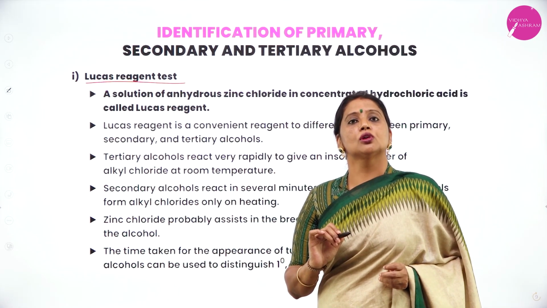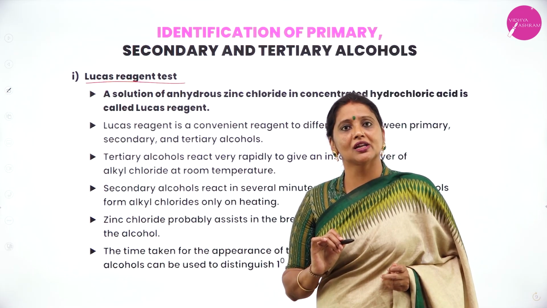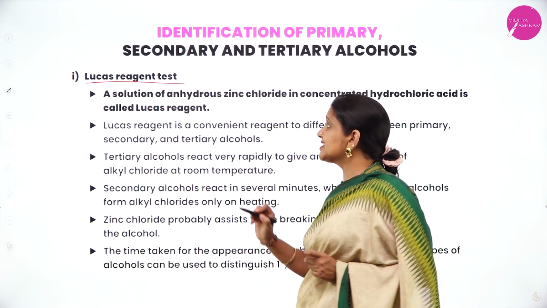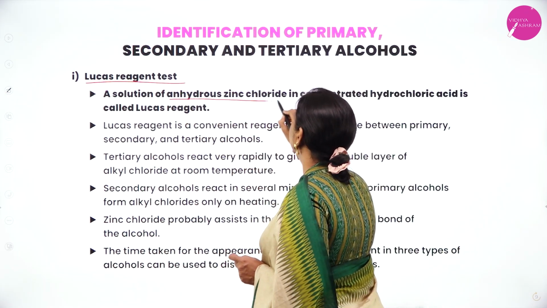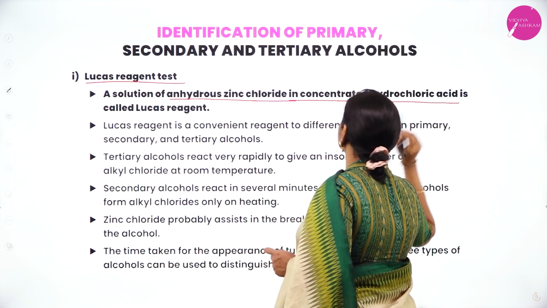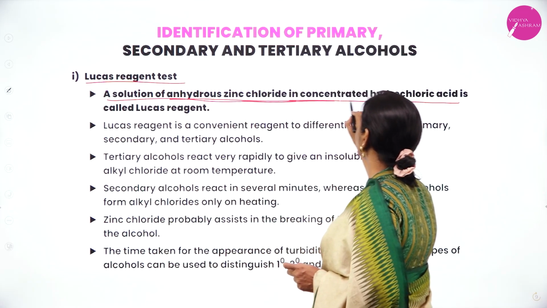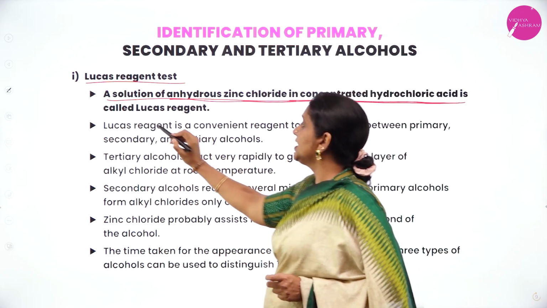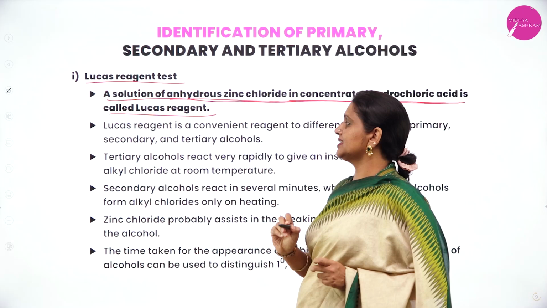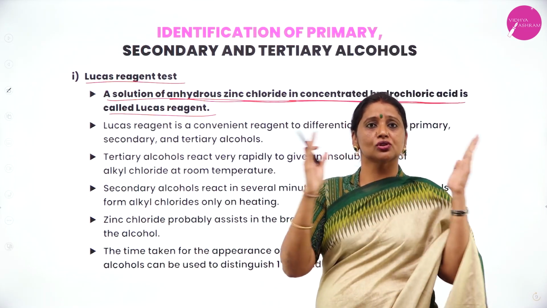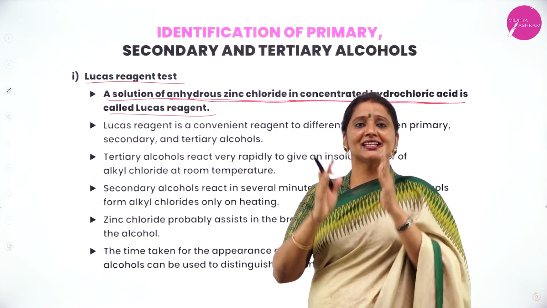You already know about Lucas reagent from the chapter haloalkanes and haloarenes. Lucas reagent is a solution of anhydrous zinc chloride in concentrated hydrochloric acid. It is used to distinguish between primary, secondary and tertiary alcohols.